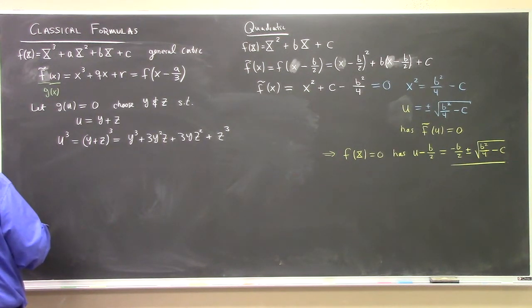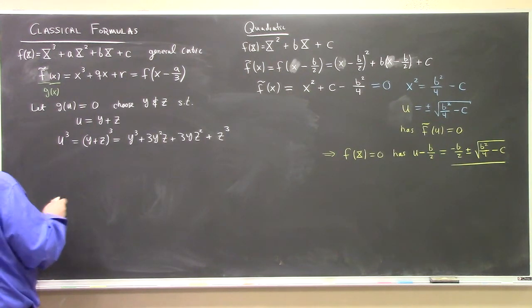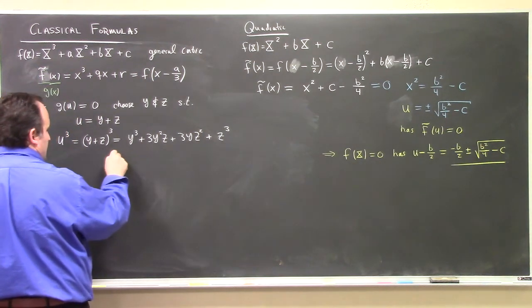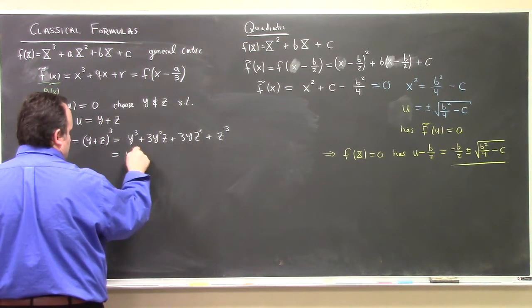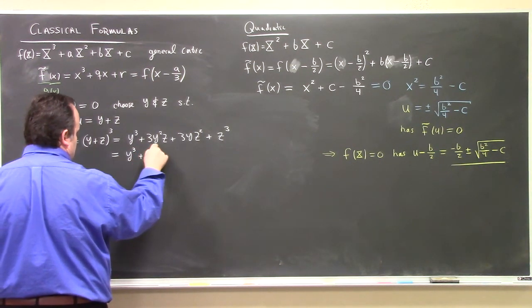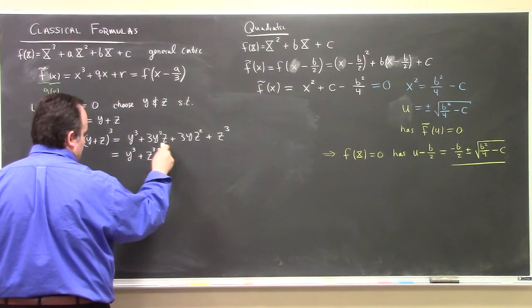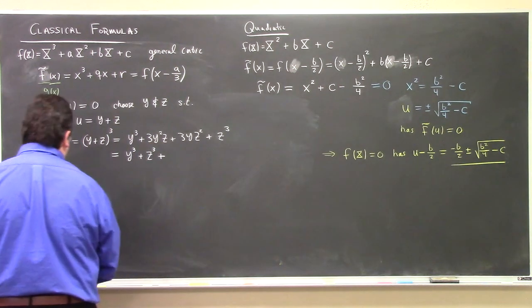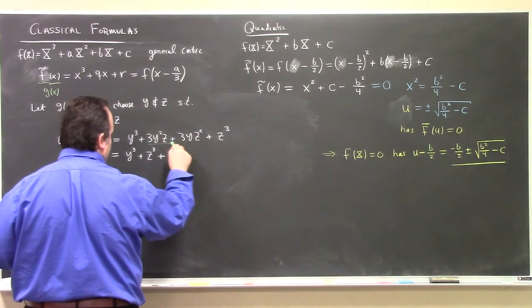And so if you tilt your head and squint, you can see what you got there is y cubed plus z cubed plus these two terms in the middle, right?